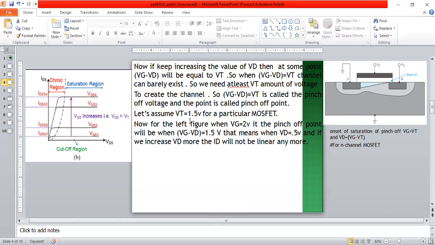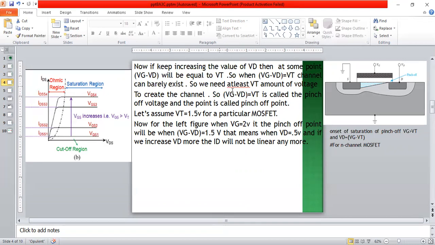Let's assume Vt equals 1.5 volt for a particular MOSFET. Now, for the left figure, when Vg equals 2 volt, the pinch off point will be where Vg minus Vd equals Vt.